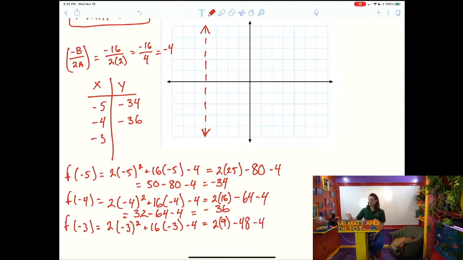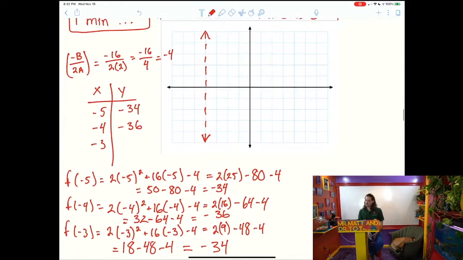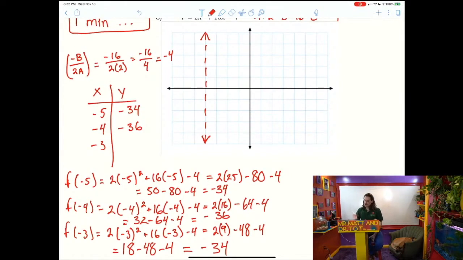So this one's a little bit hard to graph on this particular graph, but let me just count by tens on my y-axis. And I'm going to count by ones on my x-axis. So at negative 5, we're at negative 34.